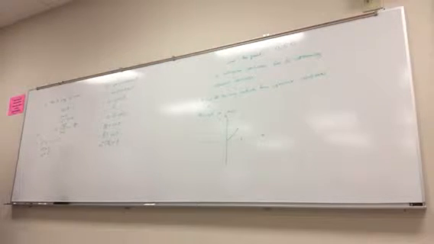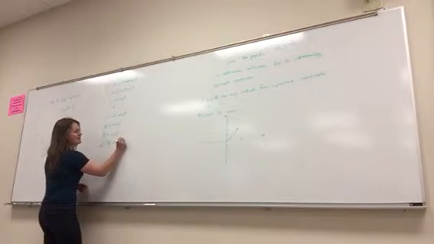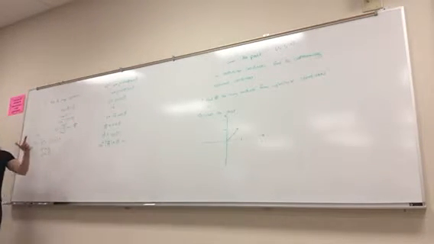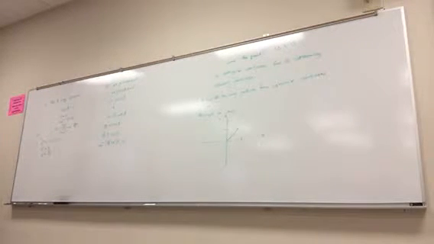Cosine inverse. What is the range of cosine inverse? Anyone know? It's 0 to pi. So do I have to worry about this when I do cosine inverse? No, because what is phi restricted to? 0 and pi. Which is why I got so excited when you guys said z, because in reality, if we had done either of the other two, sine inverse is restricted between negative pi over 2 and pi over 2. We would have to worry about that one.